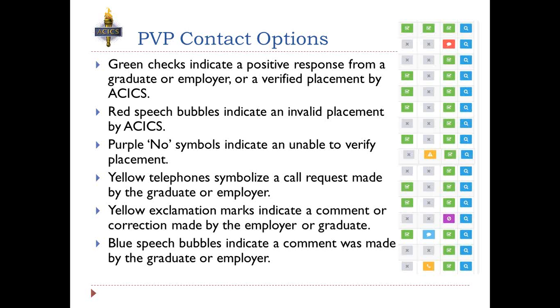Similarly, with the purple no symbol, if there's no contact after the first 3 attempts and then an upload again and the next 3 attempts, and there is no ability to contact the graduate and or employer via the PVP system, then again, that would not be able to count as a placement in the campus accountability report. So we're of course looking for check marks and verifications from either the graduate or employer after these attempts are submitted.